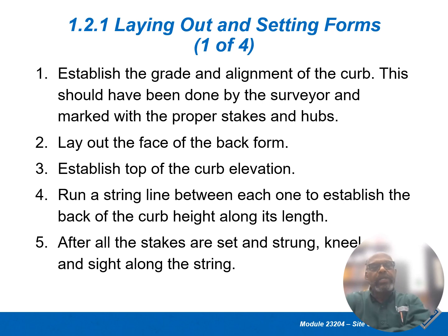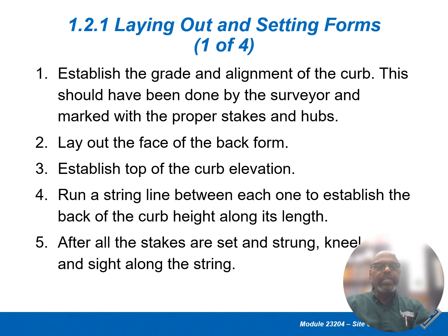So, laying out and setting forms. Number one, establish the grade, the level, and alignment of the curb. This should have been done by the surveyor and marked with the proper stakes and hubs. Lay out the face of the back of the form. Establish the top of the curb elevation.